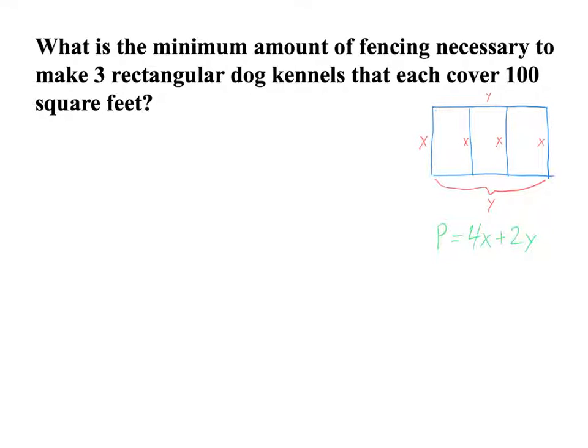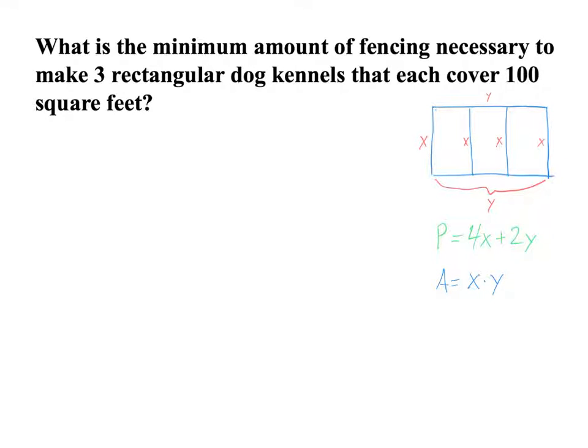So, well, don't we have this information right here that there's 100 square feet area for every kennel? So total, isn't this going to be 100 plus 100 plus 100? So what would all of it added up be? So isn't our area going to equal x times y?